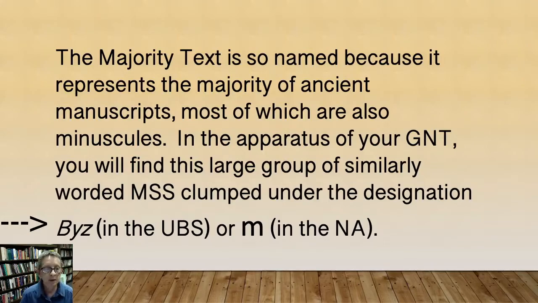That's because the great majority of these minuscule manuscripts belong to one text type. It's also called the majority text because it represents the majority of ancient manuscripts, most of which are minuscules. So either they'll be called Byz for Byzantine in the UBS Bible, which I will talk to you more about soon, or Gothic M in the Nestle-Aland, which stands for majority text.